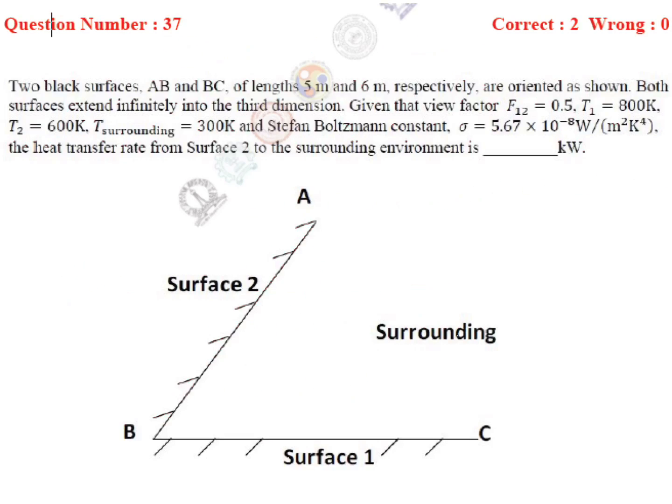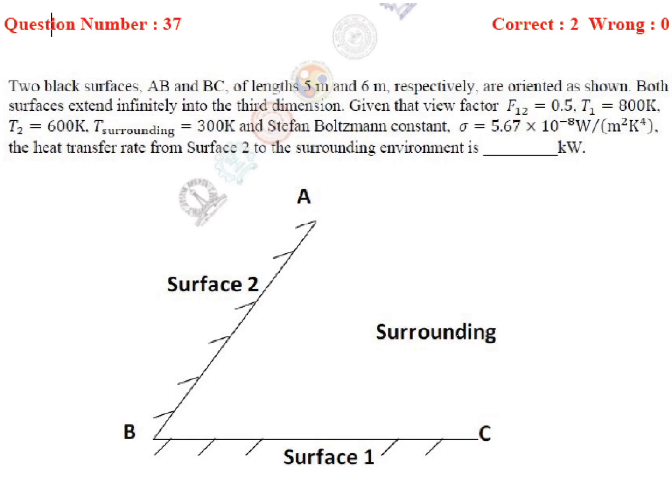Next question, from heat transfer, radiation heat transfer. Two black surfaces, AB and BC, of length 5 meter and 6 meter respectively, are oriented as shown. Both surfaces extend infinitely into the third dimension.